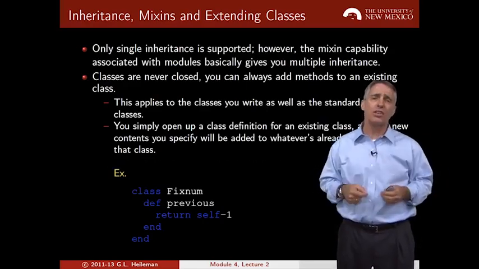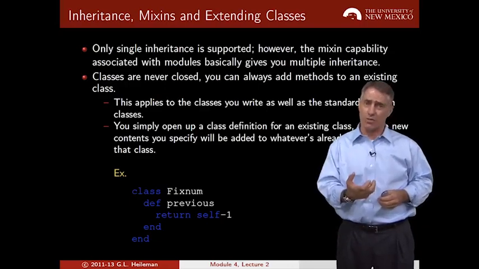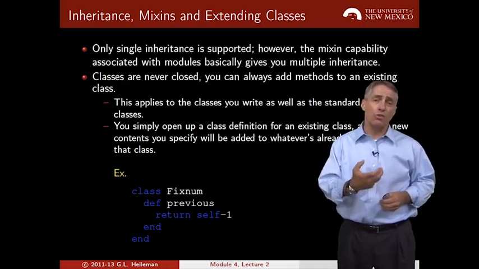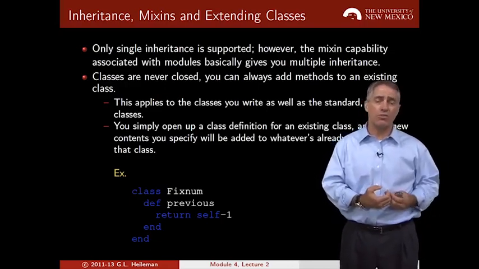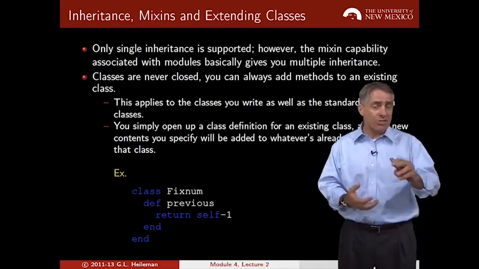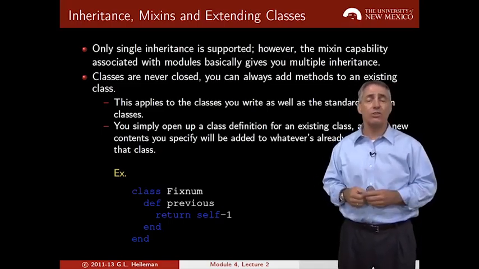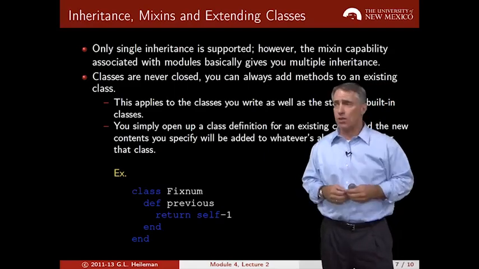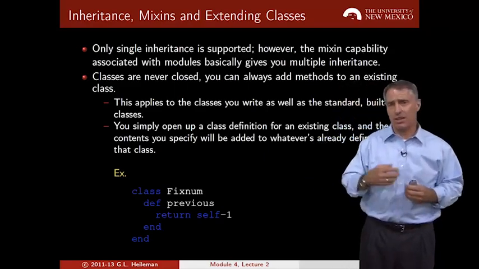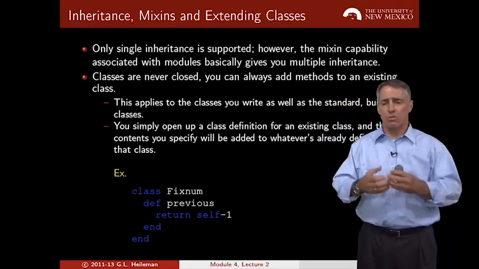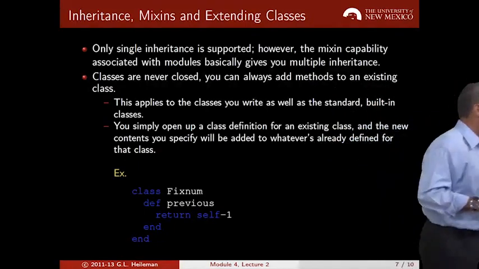So the current object that you invoke this on, it's going to take its current value, which is going to be returned when you type self, subtract 1 from it. There's no return statement here, but that's the last thing executed, so that value is returned. Then there's two ends here to end the method and then end the class. So let's go ahead and show you how this works.